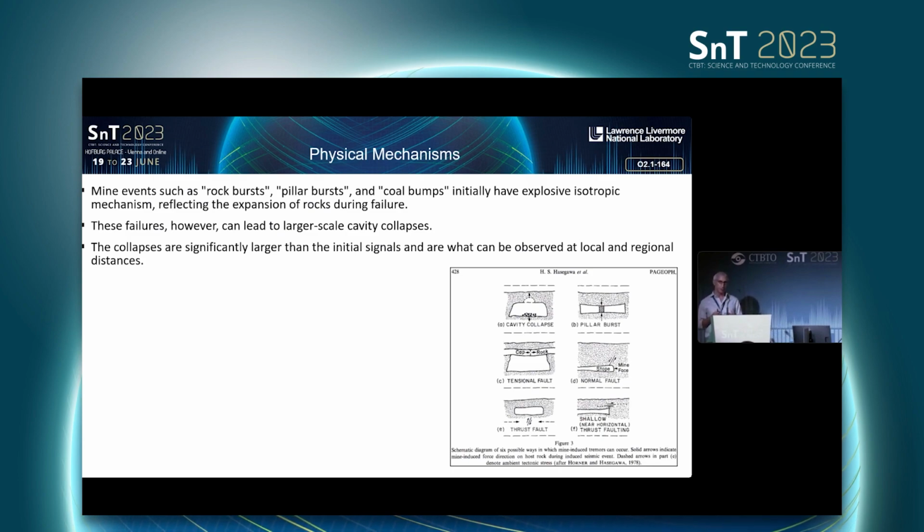So the initial motion might be an explosive element, but then that's quickly followed by, if you look at the B up there, once that pillar is gone, a large collapse that reduces the void, and that's what we're going to observe in the far field. And of course, when we have voids created by nuclear explosions, we're also going to see that void collapse.